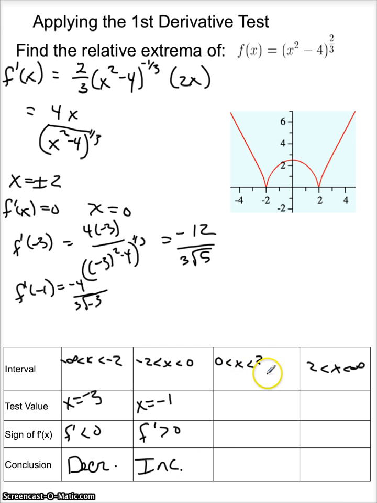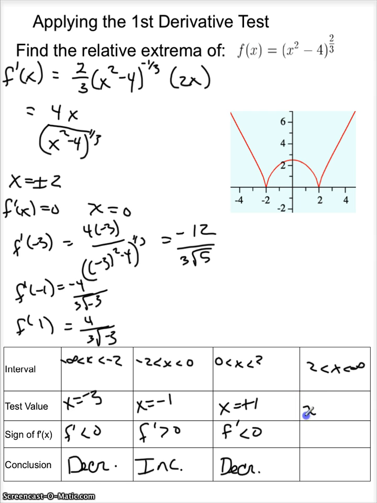Now, what about between 0 and 2? Between 0 and 2, let's pick and evaluate at x equals plus 1. So this is going to be 4 divided by the cubed root of negative 3 again. So now f prime is negative, so that's decreasing. And between 2 and infinity, let's just pick an easy one.